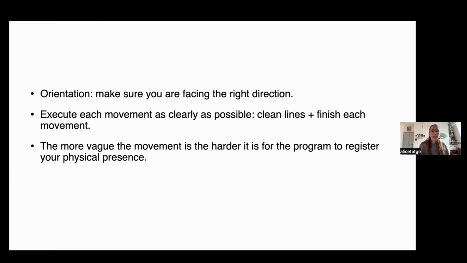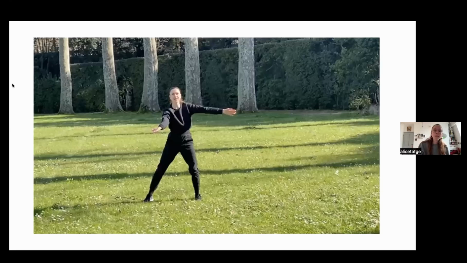Clean lines and finishing each movement become your best friend when you're working with VR and motion capture, whether you're performing as an actor and therefore using gesture, or as a dancer with perhaps more elaborate types of movement. The more vague the movement is, the harder it is for the program to register your physical presence. This is a slightly faster version.